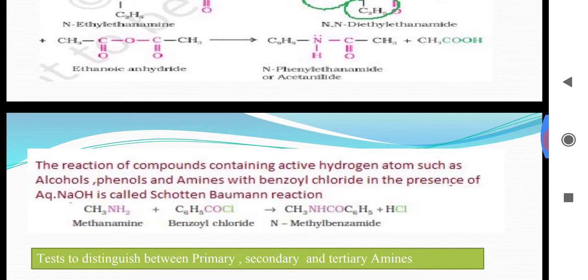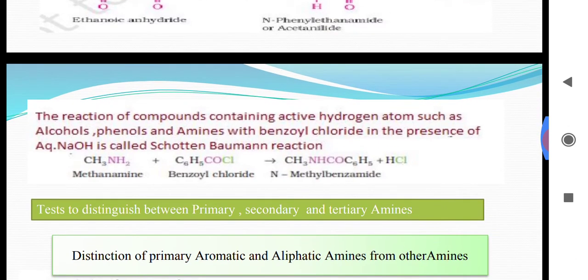Now the next one. See this. The reaction of compounds containing active hydrogens such as alcohols, phenols, amines with benzoyl chloride. It means if you are reacting benzoyl chloride with these compounds, naturally when you are taking an amine, you will be getting an amide.